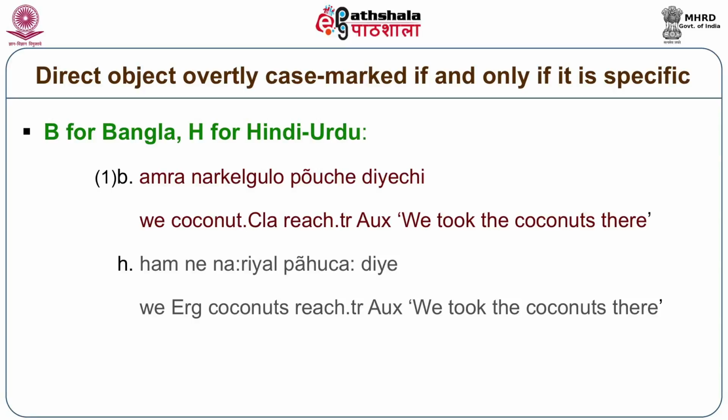All these sentences have the meaning, we took the coconuts there. So in Bangla you have a contrast between Amra narkel gulo, the coconuts, pouchhe diyechi, versus Amra narkelgulo-ke, coconuts with object marking, pouchhe diyechi.